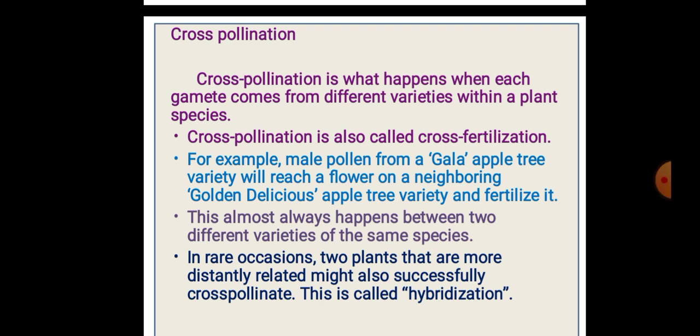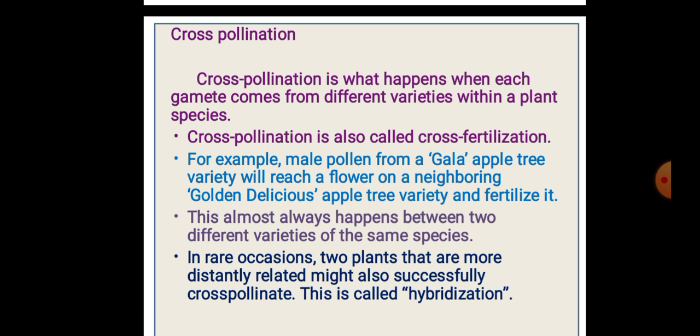Cross pollination, also called cross fertilization, is what happens when each gamete comes from different varieties within a plant species. For example, male pollen from a gala apple tree variety will reach a flower on a neighboring golden delicious apple tree variety and fertilize it.